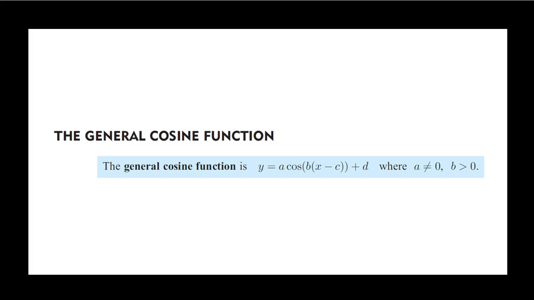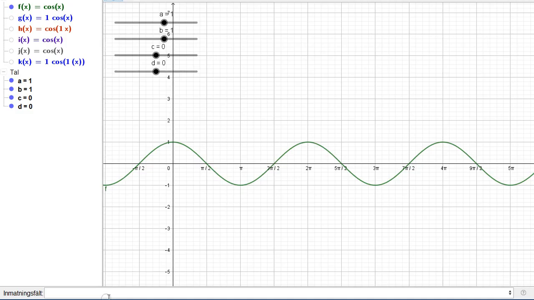To sum it up, the general cosine function, as we did with sine, is the same. A is not equal to 0, and B should be greater than 0. I prepared some GeoGebra again. I removed some of them. This is the cosine graph.